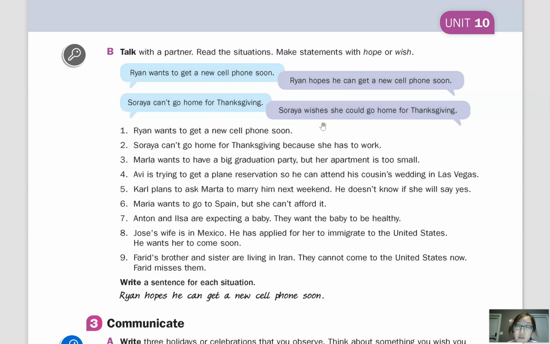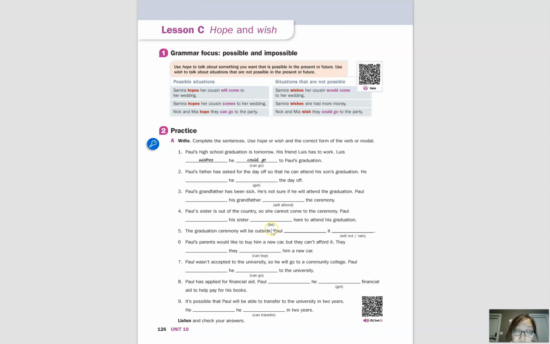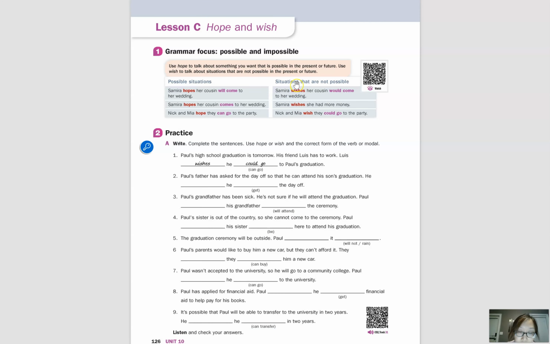So it includes intention, like our own action, so our own intention. So we don't see any examples here, but actually, here's an example.